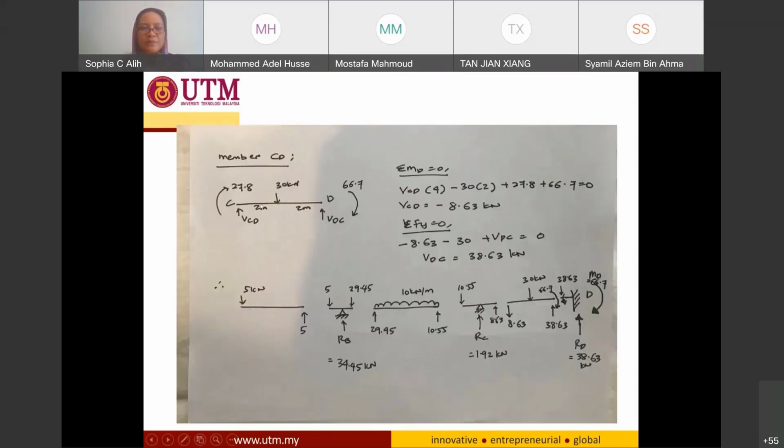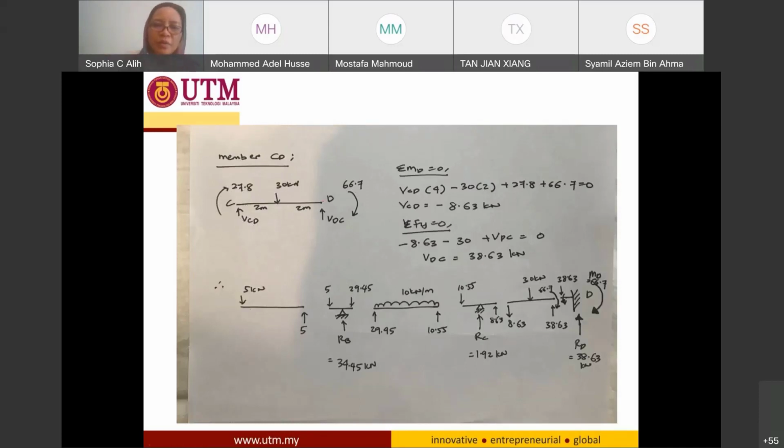For member CD, I have the clockwise moment 27.8 and another positive moment 66.7, and I also have an axial point load of 30 kilonewton. I notate VCD in this direction and VDC also pointing upward.